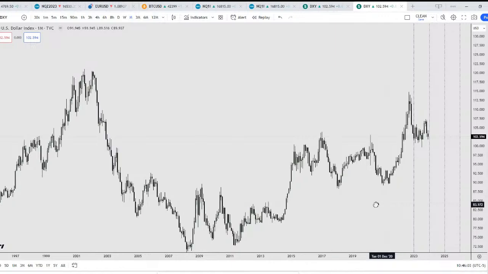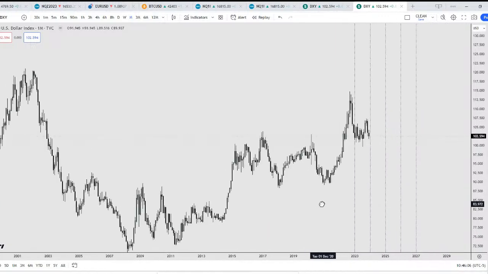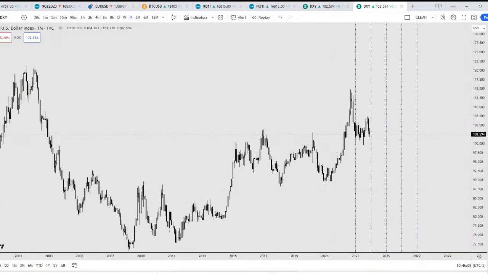I'm gonna briefly outline the roadmap. Accumulation, manipulation. Usually it offers a short run before the final distribution here.